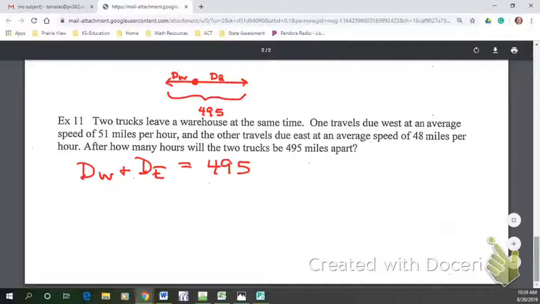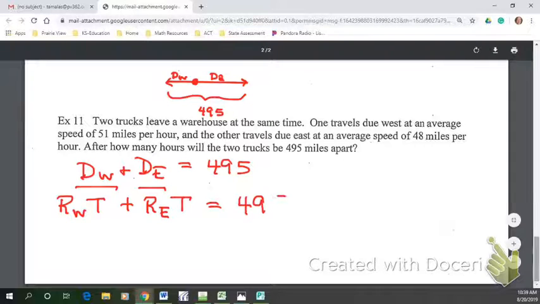So I could replace the distance for the westbound with its rate, or speed, times its time. I'm not going to put a little W on the t because I know the time for both of them is the same. We already established that. When they walked, they started and stopped at the same time. So the distance for the eastbound would be the rate of the eastbound times the time, which is the same time for both.